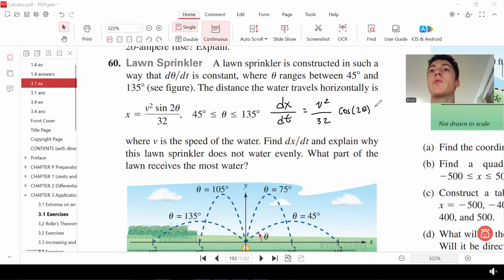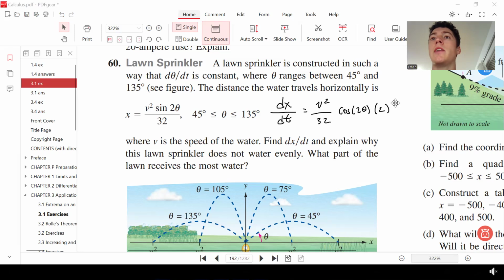And then we use the chain rule to get a 2, and then we have d theta/dt because theta is a function of t. This can be simplified. I know I'm running out of space here, but I'm going to put my constants in the front.